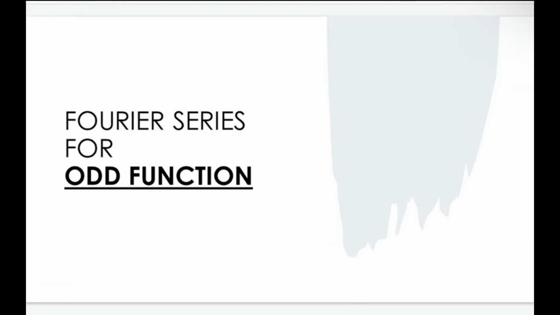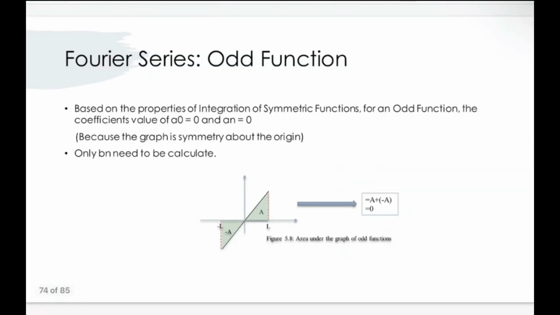Alright, so lastly, we have also Fourier series for odd function. So let's see what is the Fourier series for odd function. Based on the properties of integration of symmetric function, because even and odd function is a symmetric function, we have a properties of integration of symmetric function.